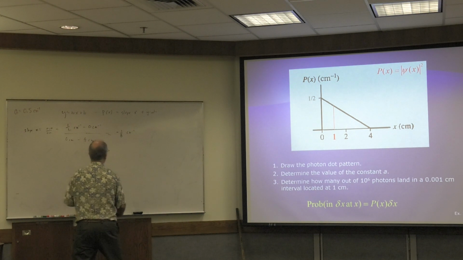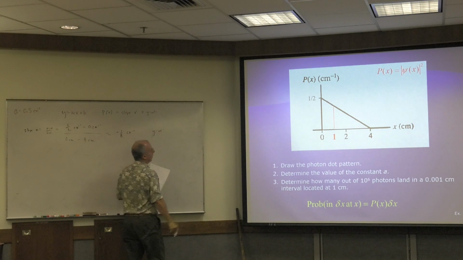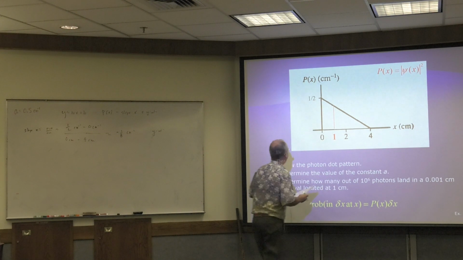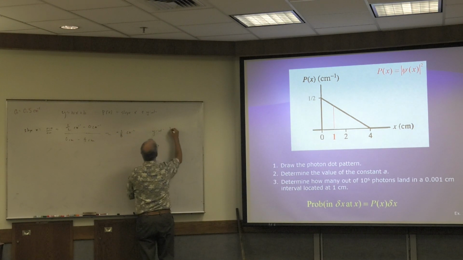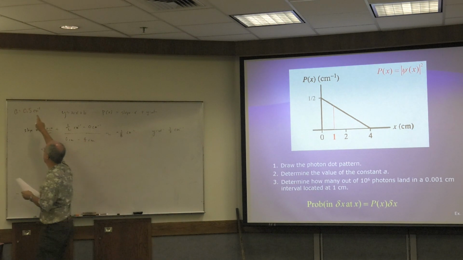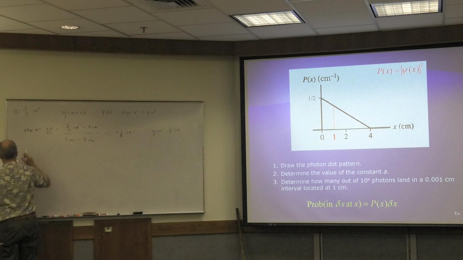What's the y-intercept? Well, the y-intercept is nice. It's just a, right? It's just 1/2. So the y-intercept is 1/2 centimeters negative 1. We found that right there. Okay, good.